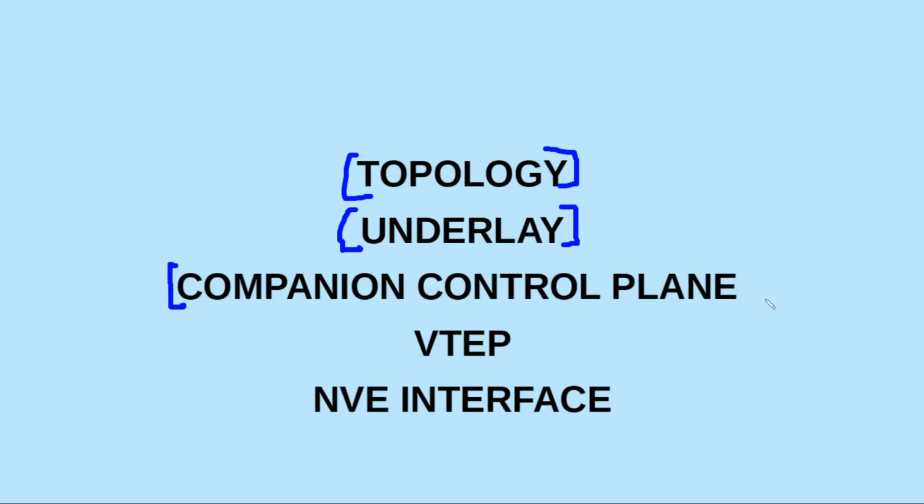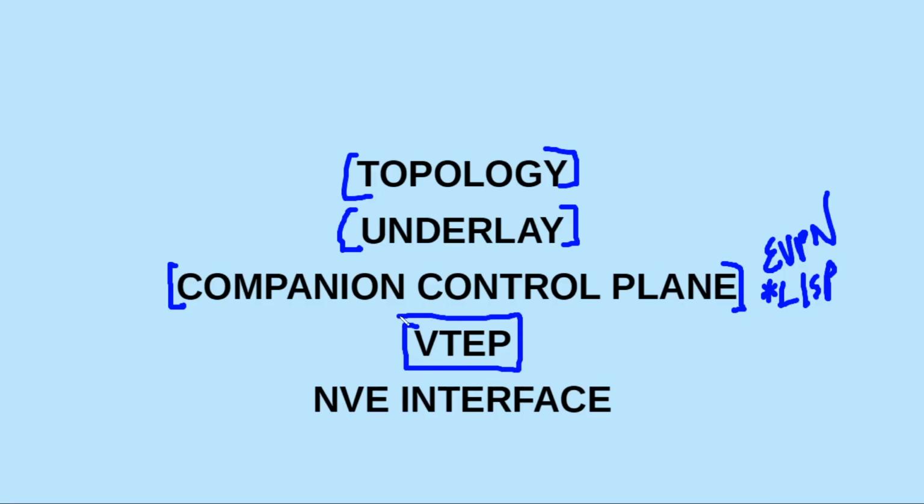You need a companion control plane that can be multiprotocol BGP with EVPN if you go for a multi-vendor option, or you can go for a Cisco modified LISP version for the Cisco Fabric solution. Remember that the most important part of a VXLAN deployment are VTEPs, which are going to encapsulate and de-encapsulate traffic, and they must have a unique IP address to identify them.